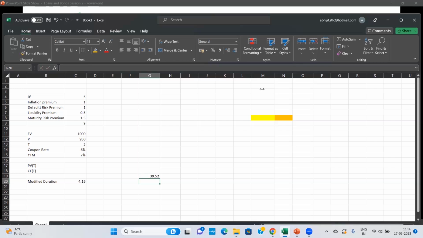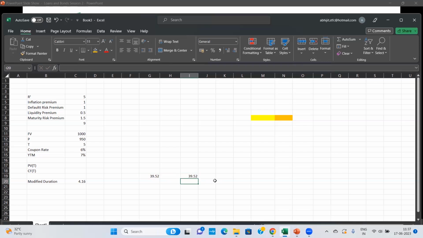Even if you consider 0.95 into 4.16. So what did I do exactly? It's not 0.95, it is 9.5. If you divide 950 by 100, it is 9.5. So the result will be the same: 9.5 into 4.16 is again 39.52.